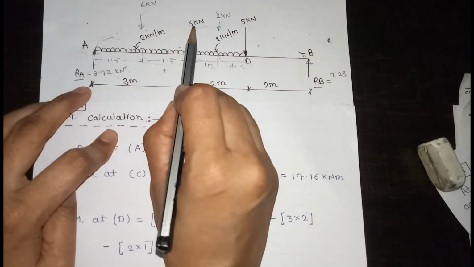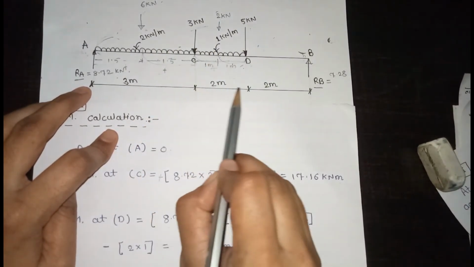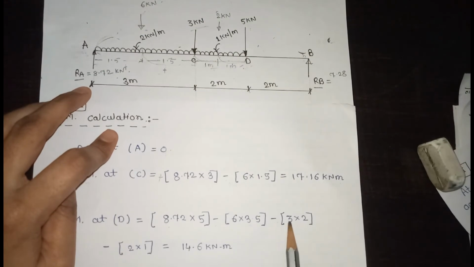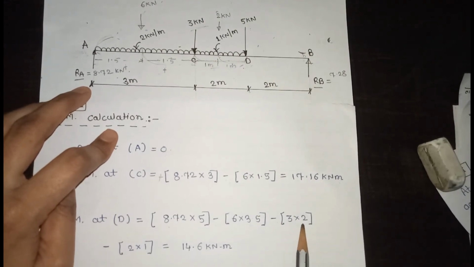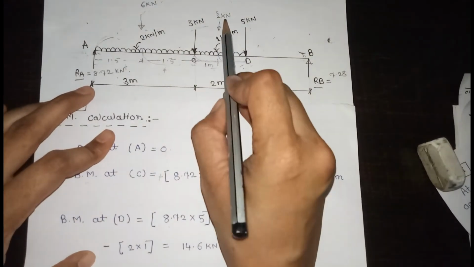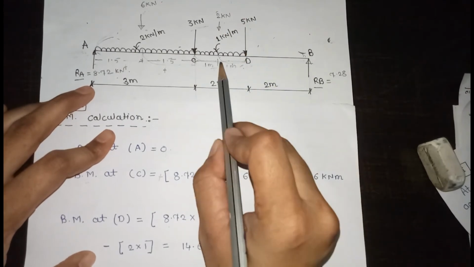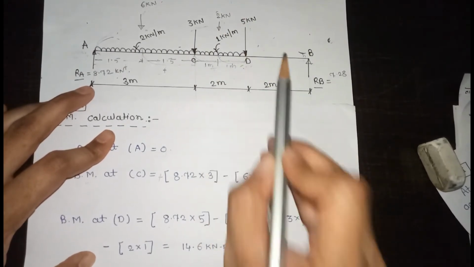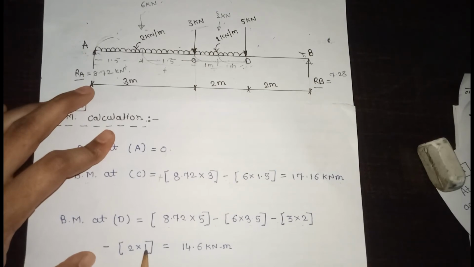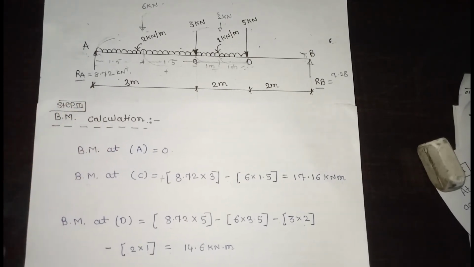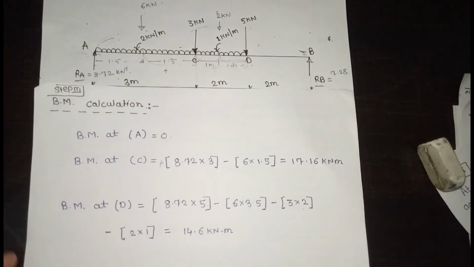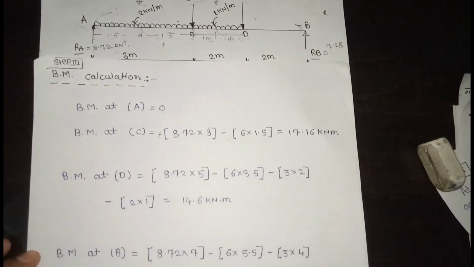Then next force 3 kilonewton into perpendicular distance 2, minus 3 into 2. Then next force 2 kilonewton and perpendicular distance 1. So minus 2 into 1 is equal to 14.6 kilonewton meter.